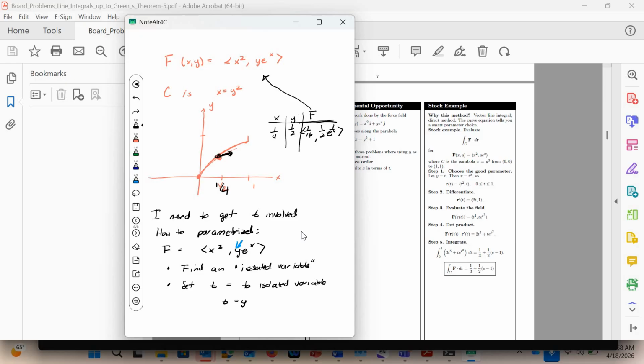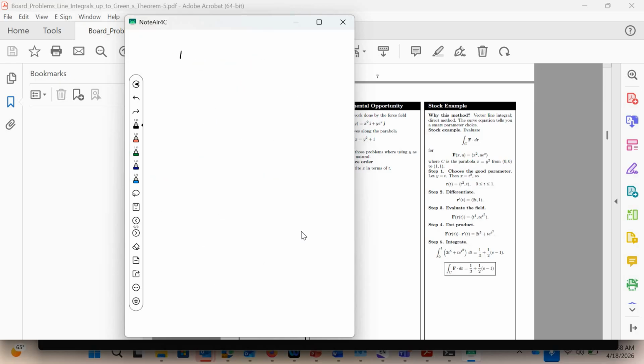I just do a check. Also, they say that x, if t starts at 0 and ends at 1, and x is equal to y squared, which is t squared, my x, if I plug it in at t equals 0 is 0, and x at t equals 1 is 1 squared, which is 1.